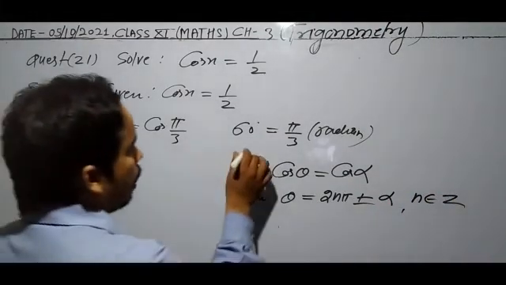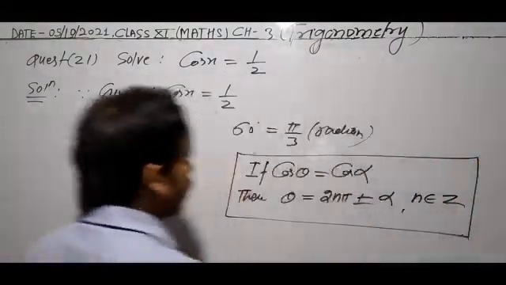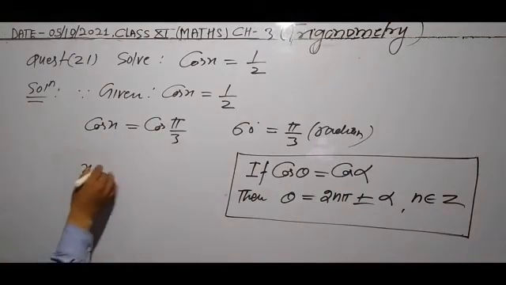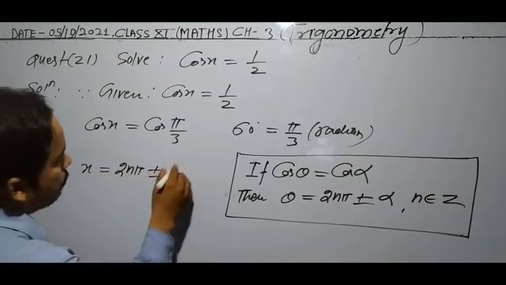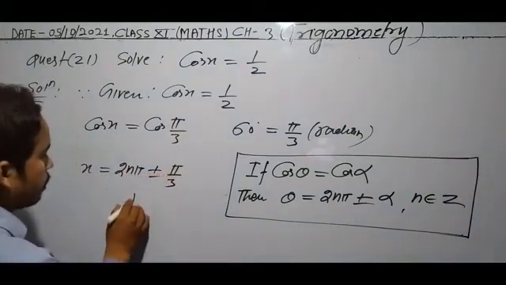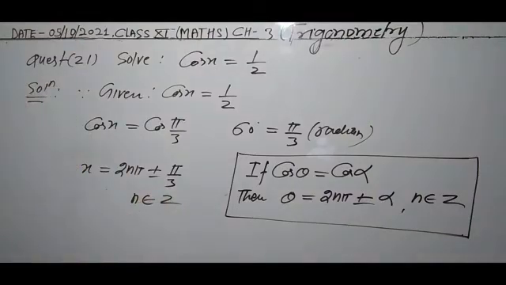Now through this formula, x we can write as 2n pi plus minus pi by 3, such that n belongs to integer. This is our general solution. So the solution is x is equal to 2n pi plus minus pi by 3. This is our answer.